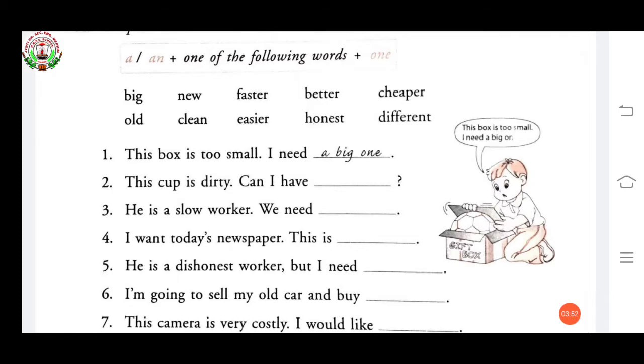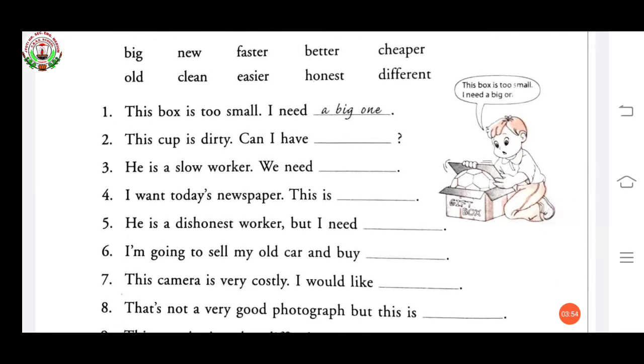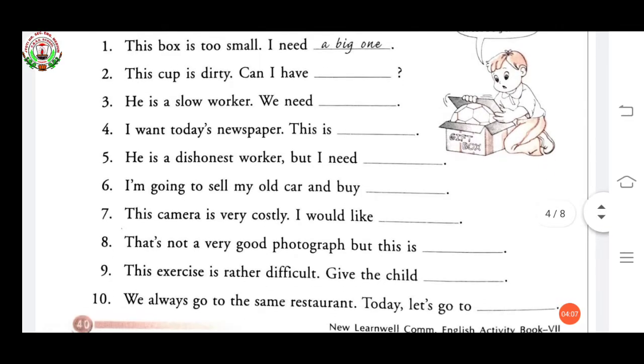He is a dishonest worker, but I need an honest one. I'm going to sell my old car and buy a new one. Seven. This camera is very costly. I would like a cheaper one. Eight. That's not a very good photograph, but this is a better one.